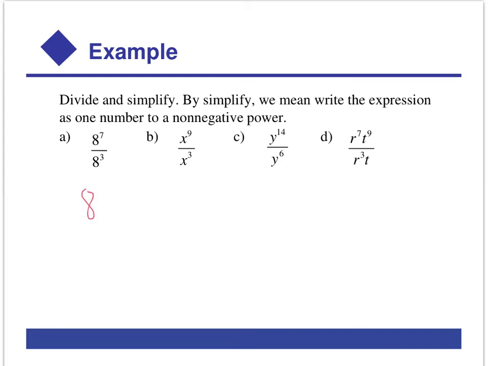So that becomes 8 to the 4th. B becomes x to the 6th. C becomes y to the 8th. And then D, we have the r and the t, so it becomes r to the 4th and t to the 8th. Remember, if it doesn't have one listed there, it's really there.